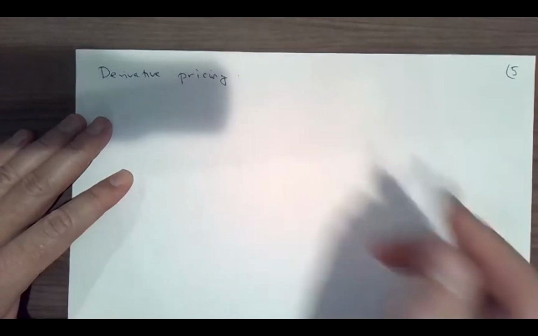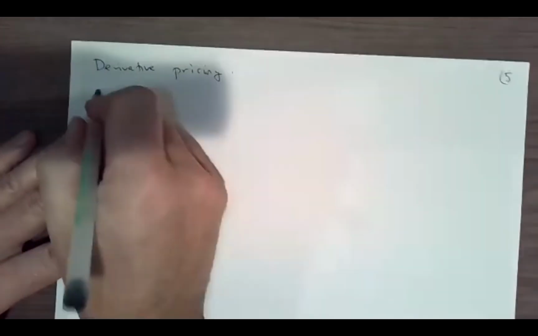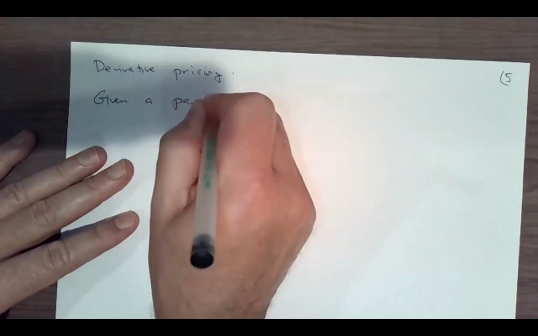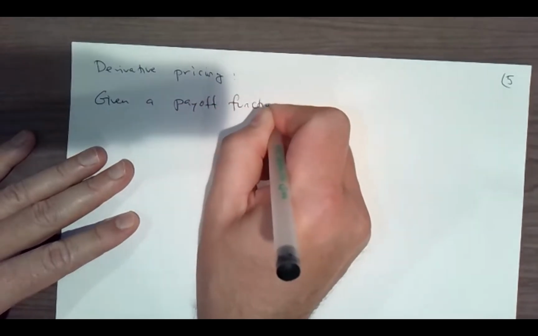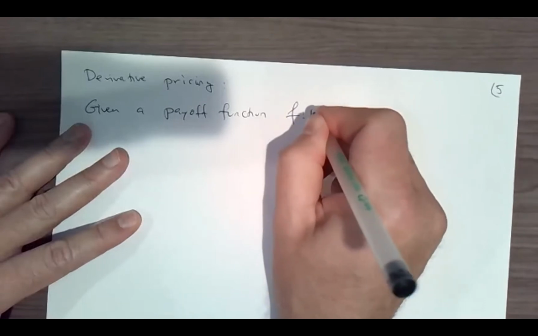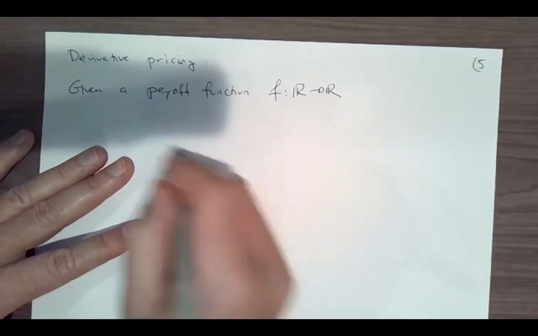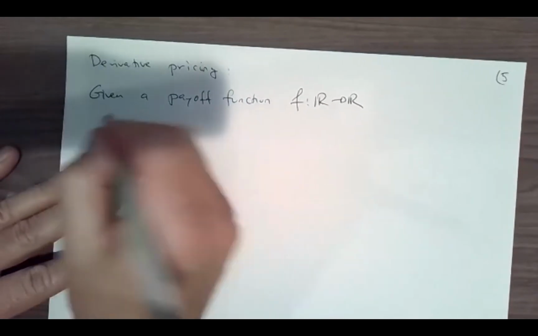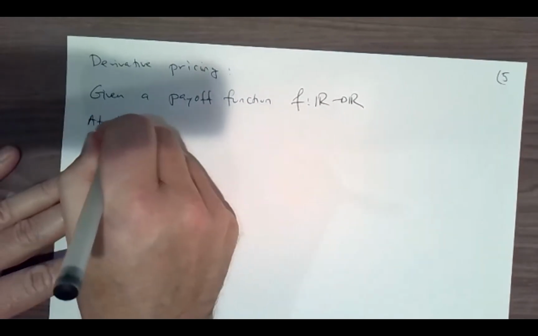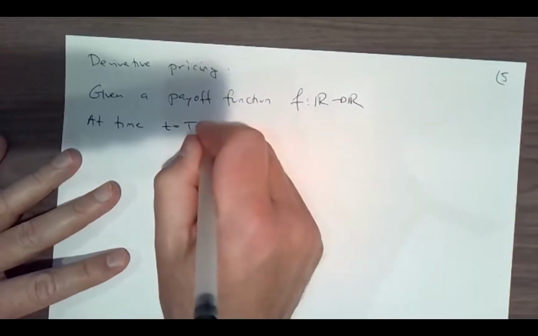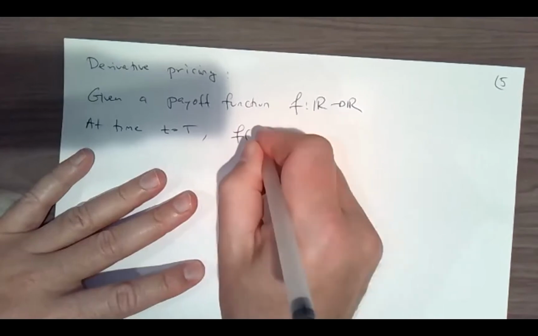What you're given is a payoff function, a function from R to R. And then at time T, at the end, you're given a payoff f(S_T).